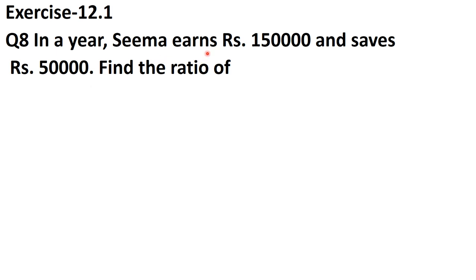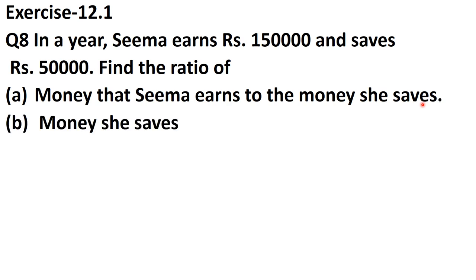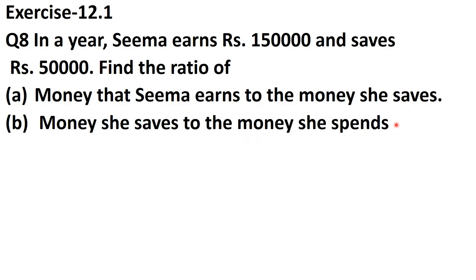Earning means income and saving means which she saved, bachat. Find the ratio of first, the money that Seema earns to the money she saves. This is the first ratio that you need to find out. Second, the money she saves to the money she spends.